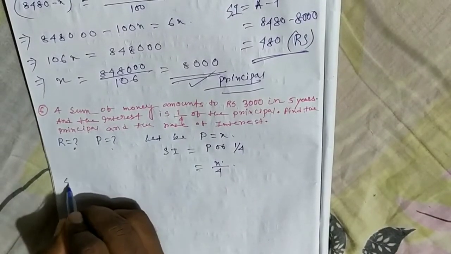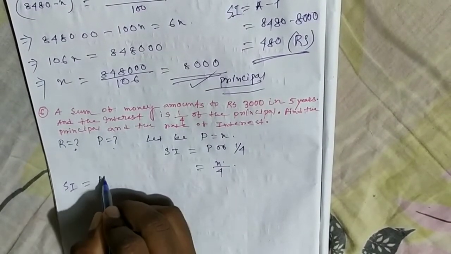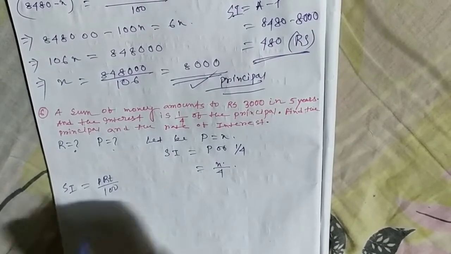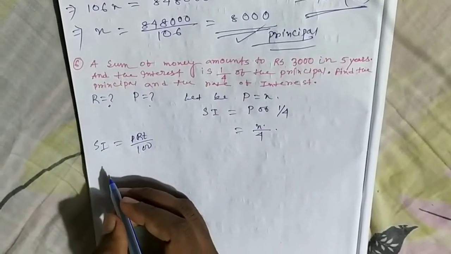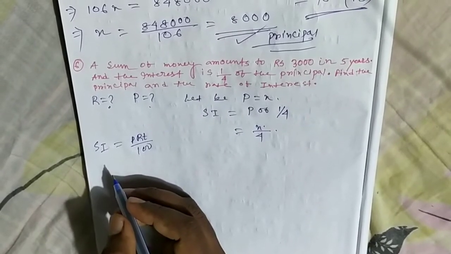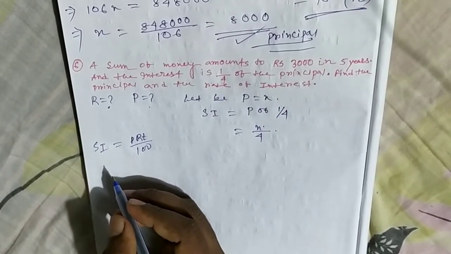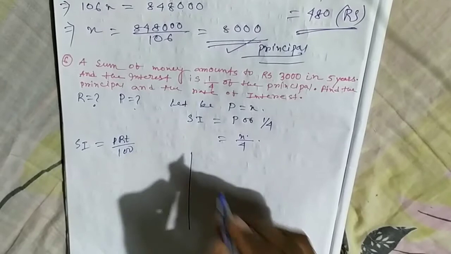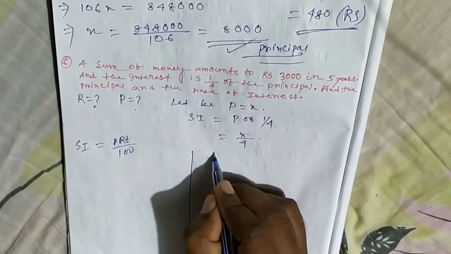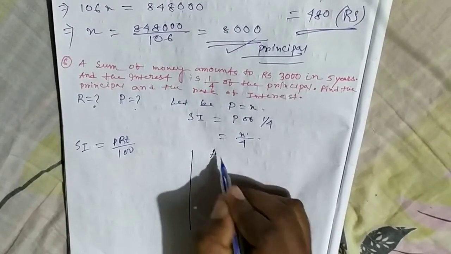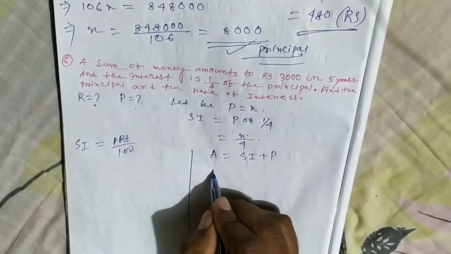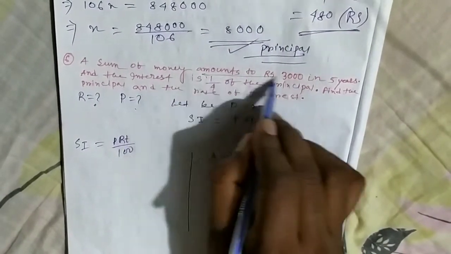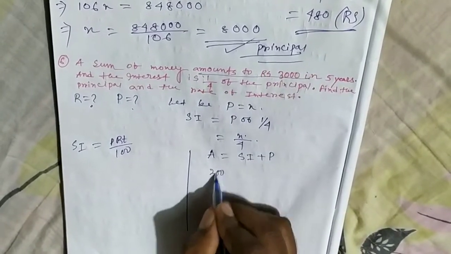Put the formula. SI is equal to PRT by 100. We know that A is equal to SI plus P. A is equal to amount 300 rupees.